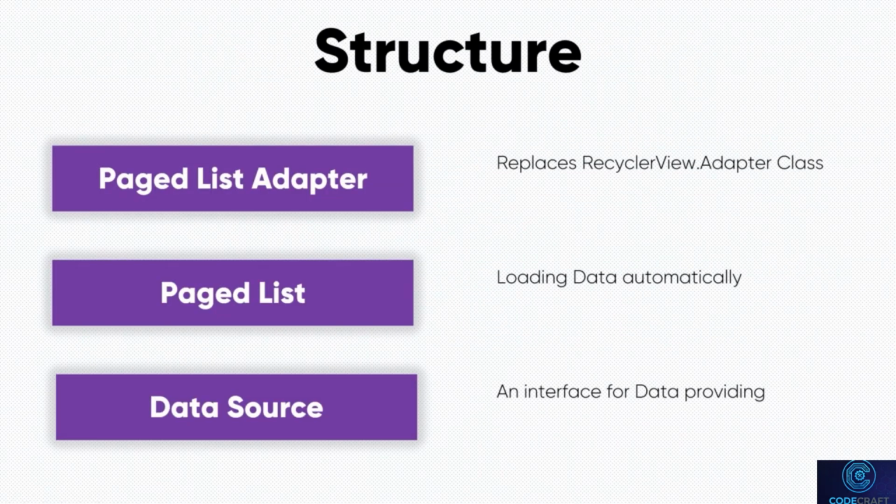The structure. We have three parts: the paged list adapter, the paged list, and the data source. These are for the paging library. There is a big update that we are going to migrate towards, which is the paging library 3.